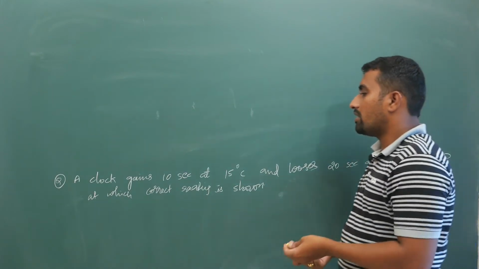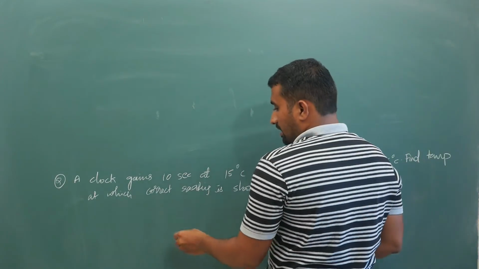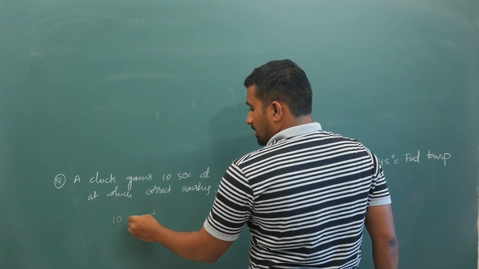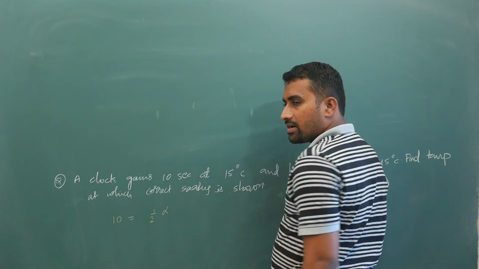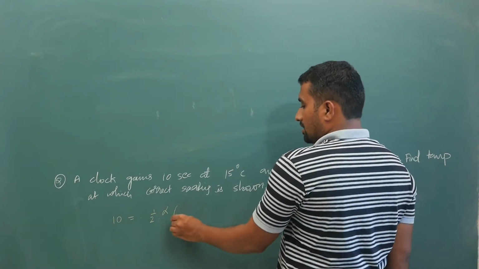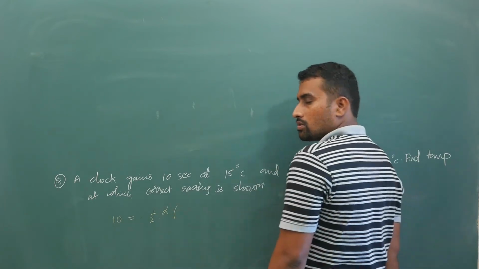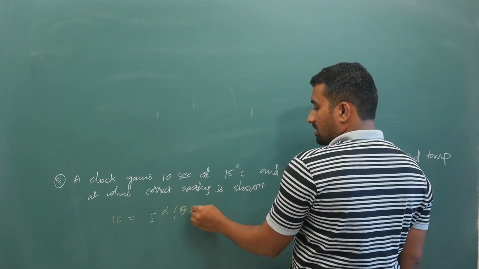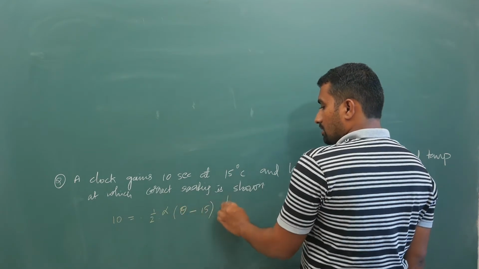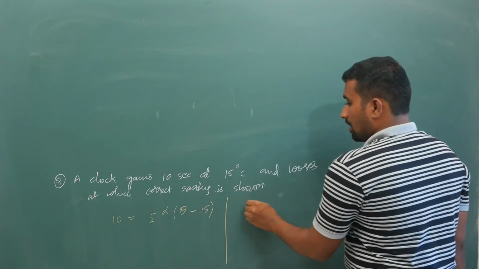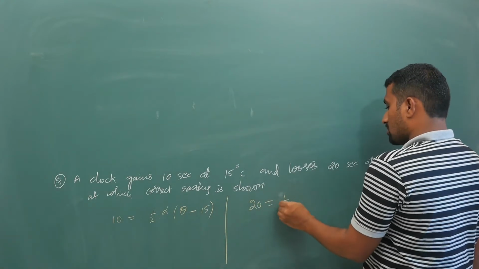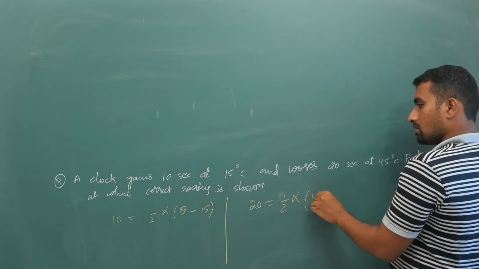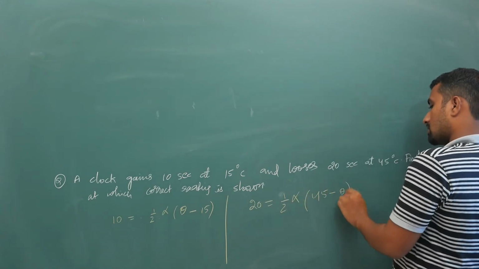If it is gaining, let the correct temperature be theta. So 10 is equal to half into alpha into, for gain of time, which occurs when the temperature is more, theta minus 15. For the loss part, 20 is equal to half into alpha into 45 minus theta.